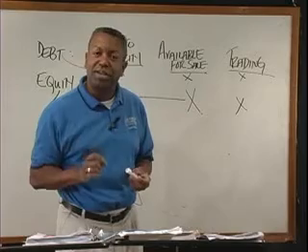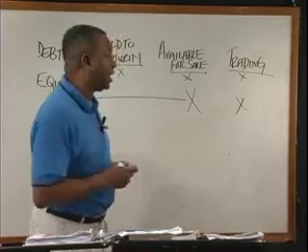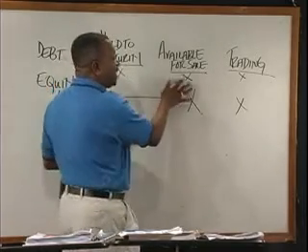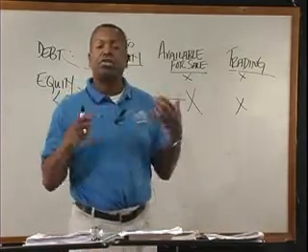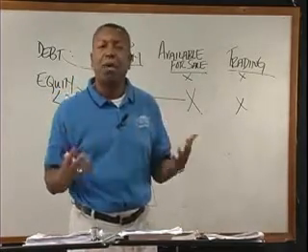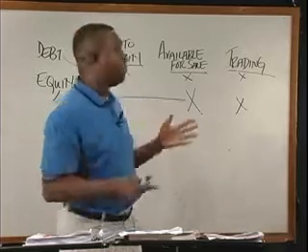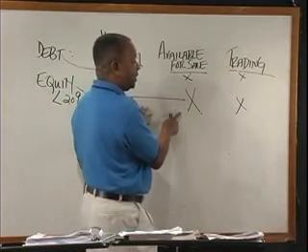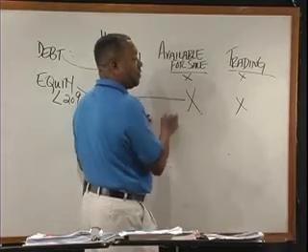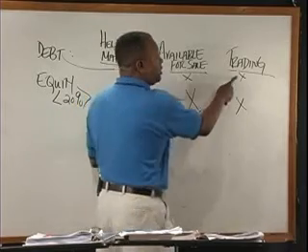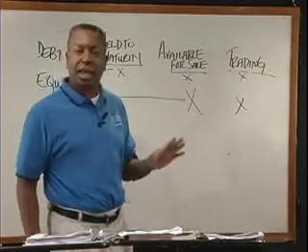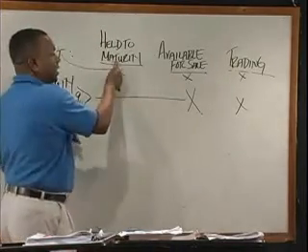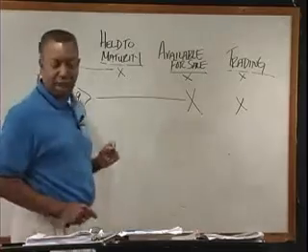But one of the things I want to bring to your attention is both debt and equity in these two categories are treated in the same way. So the accounting treatment for both debt and equity securities classified as available for sale, or debt or equity securities classified as trading, is the same. Only debt can be classified in this category.